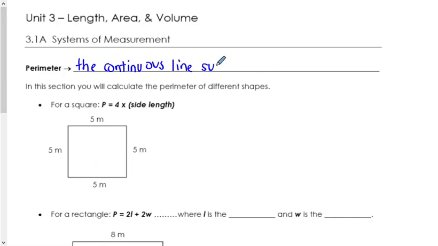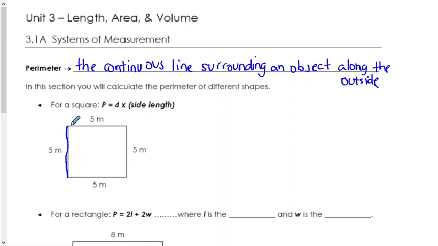So surrounding an object along the outside. So if I'm talking about the perimeter of the square, it's a continuous line surrounding an object along the outside. So this line here is my perimeter.